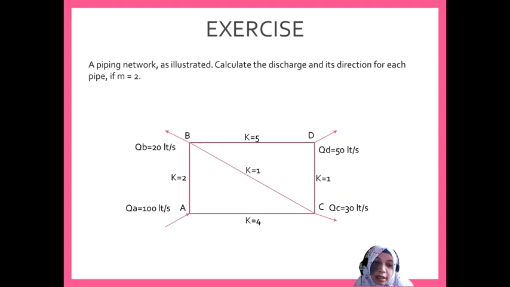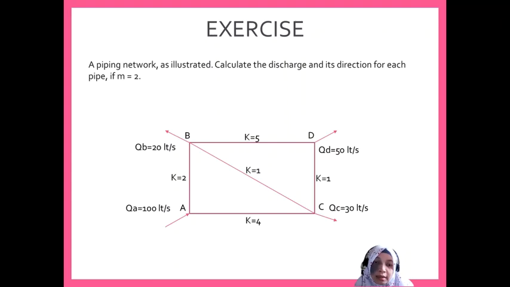Q in the pipe network is QR, and for the Q out is in B, D, and C. The number of Q is 20 plus 50 plus 30. So the total is 100. Q in equals Q out.